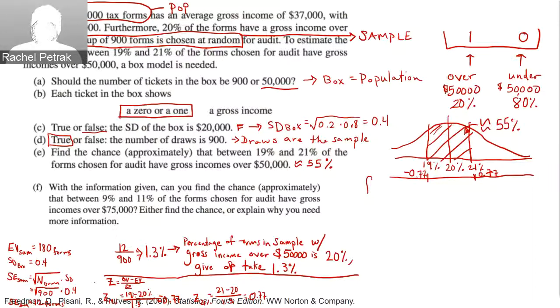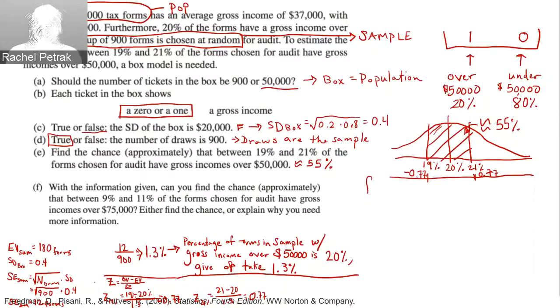Well, the first thing to ask yourself is, do we have any information that tells us the proportion of forms that have gross incomes over $75,000? Nope. We don't have that, so we can't do this part.